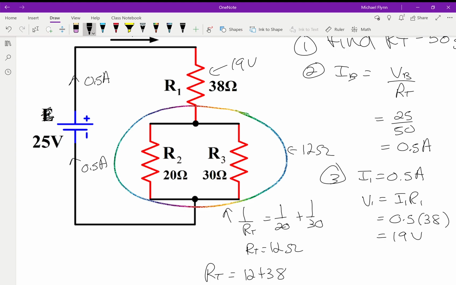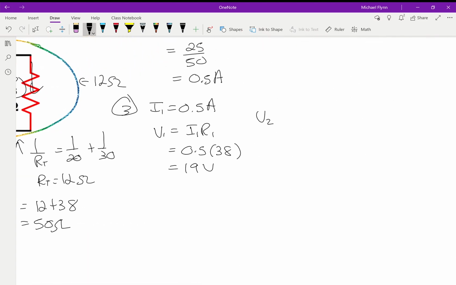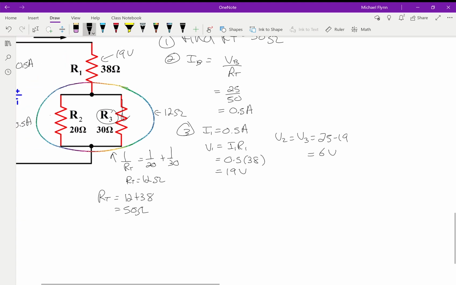So that means V2 and V3 have to be 6 volts each, because if you take the path on the right, for example, with the third resistor here, you have to lose the rest of the voltage from the 25 volts. So V2 equals V3 equals 25 minus 19, which is 6 volts each.